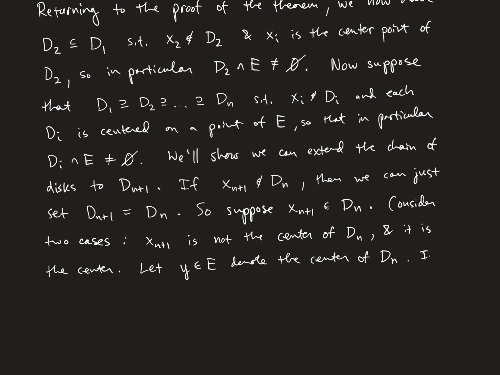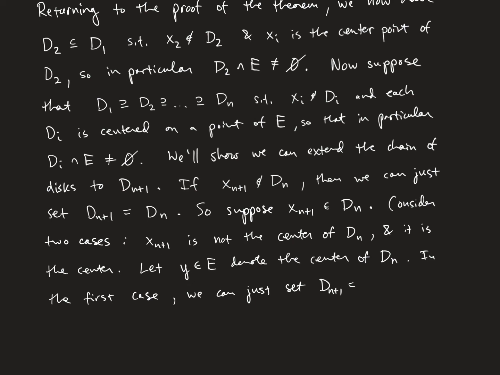So in the first case, if xn plus 1 is not the center point of this disk, we can just keep the same center.